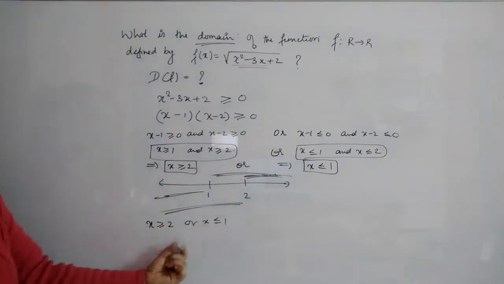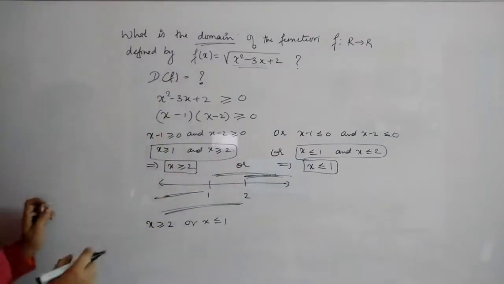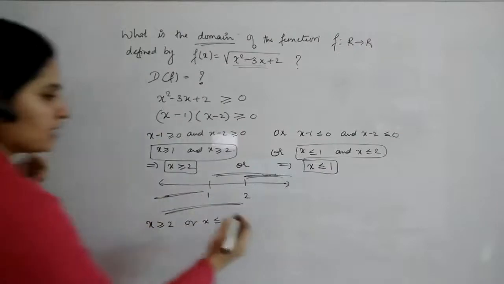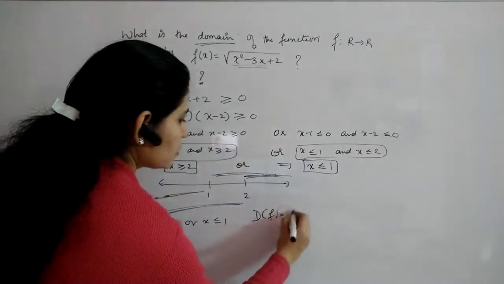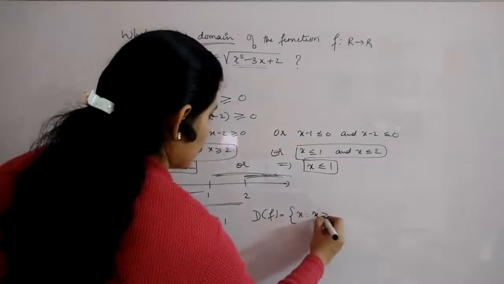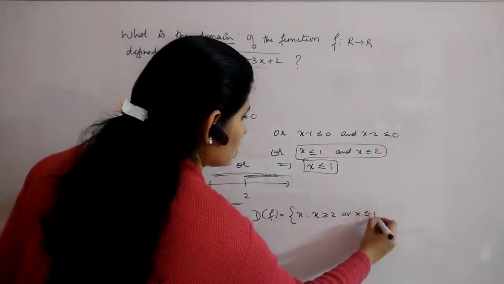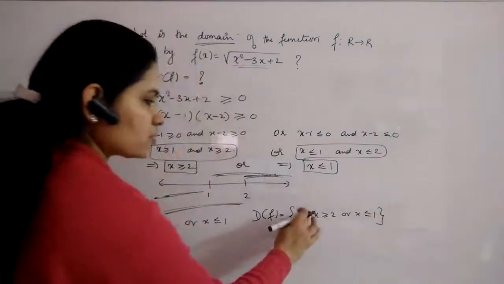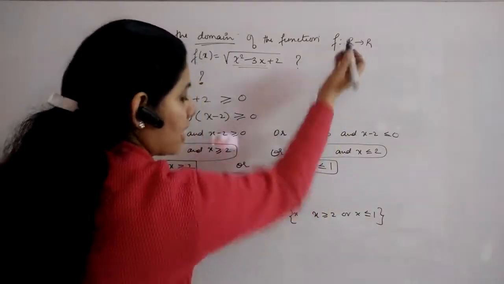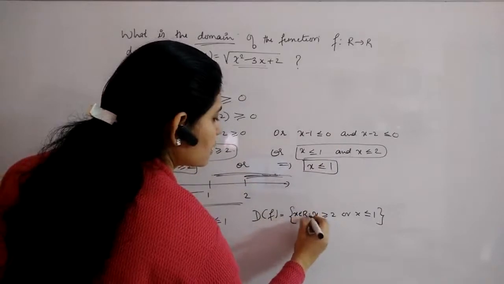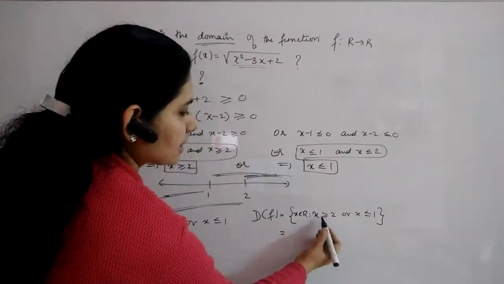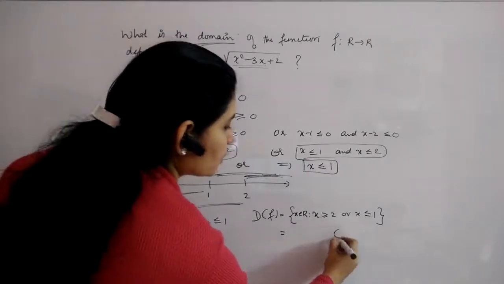Now, how will you combine these to get the domain? You have to say domain of f is equal to the set of all those x in which x is either greater than or equal to 2 or x is less than or equal to 1, where this x belongs to R, because the domain is R. Set of all those x in R such that this condition is satisfied.